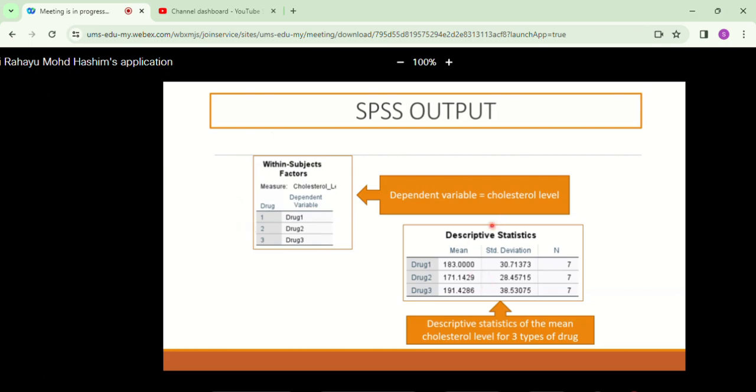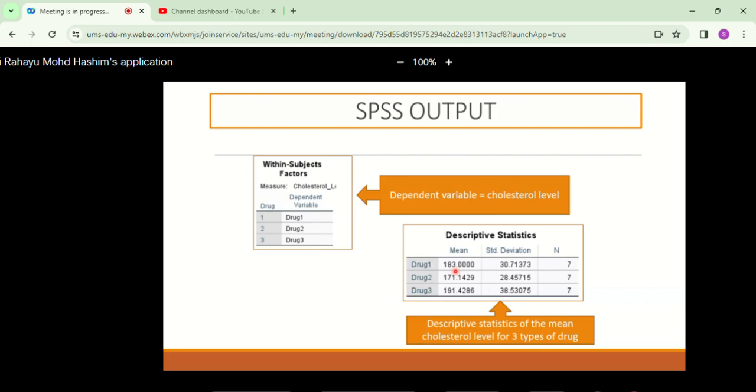From the first table of the ANOVA, it will give you the descriptives. It says that we have 3 types of drugs: drug 1, drug 2, and drug 3. The second box shows the mean, standard deviation and the number of observations.